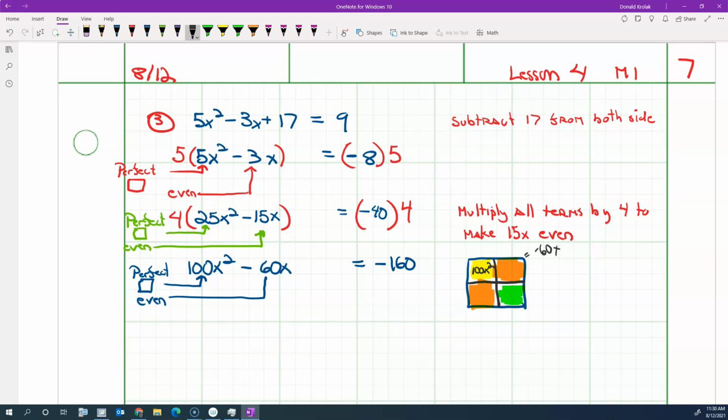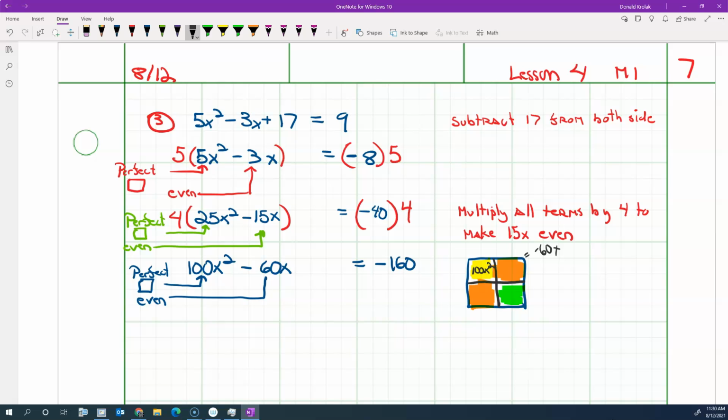Okay, Dimitri, what are we going to have here? What's going to have to go to the right and above this box? Dimitri, answer. What times itself is 100x squared? I want him to answer.